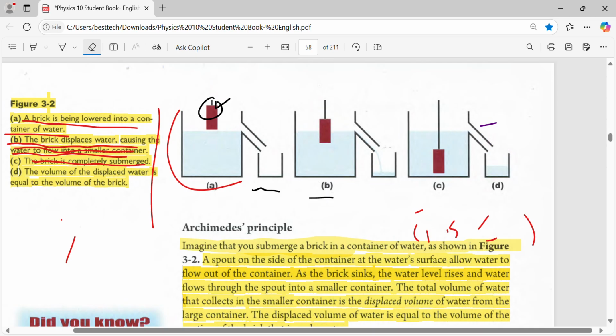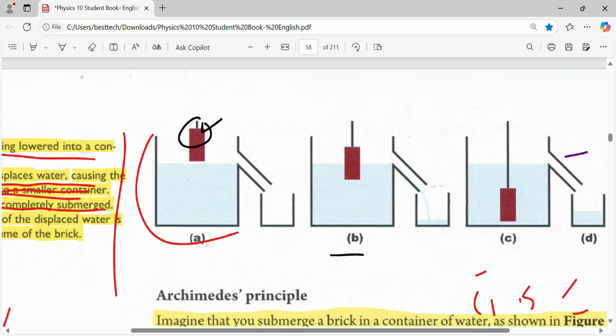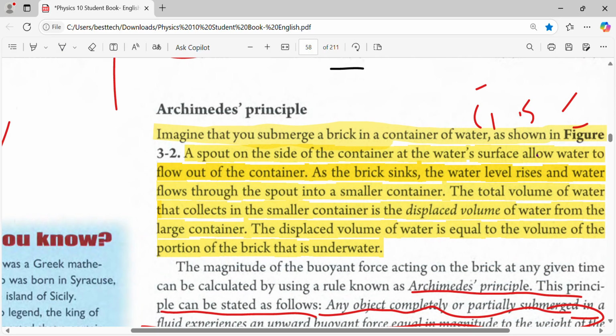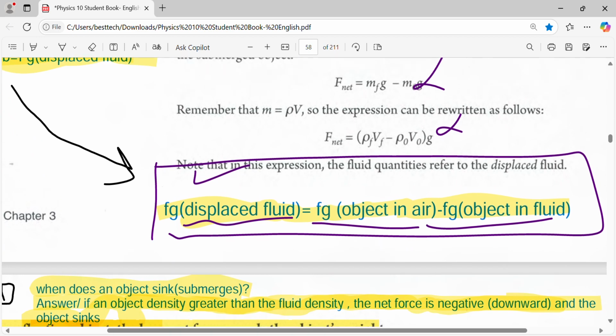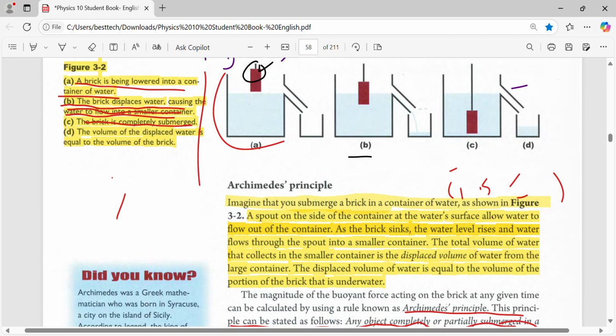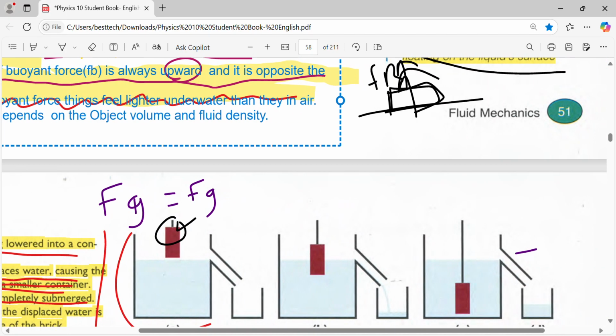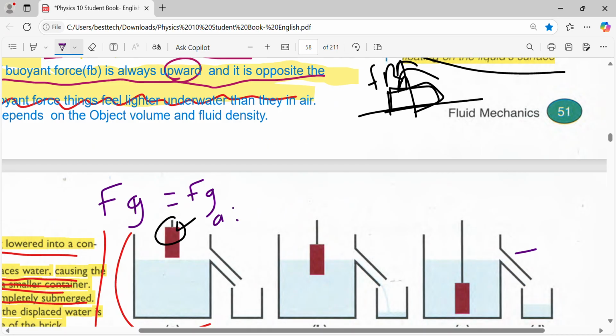So how can we find Fg displaced fluid? Let me write it here: Fg displaced fluid equals Fg object in air minus Fg object in fluid.